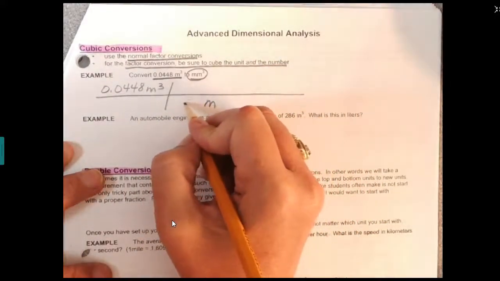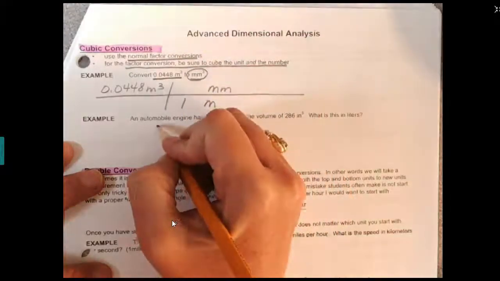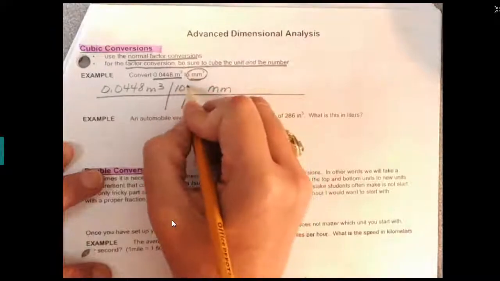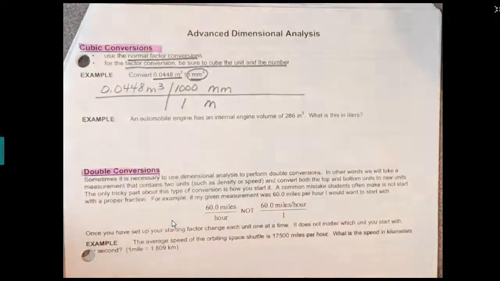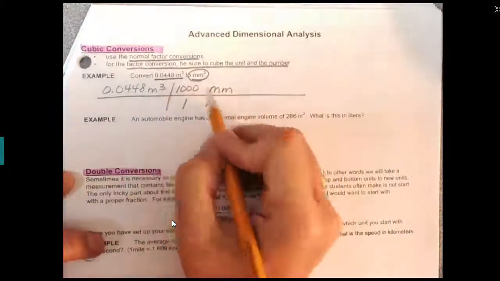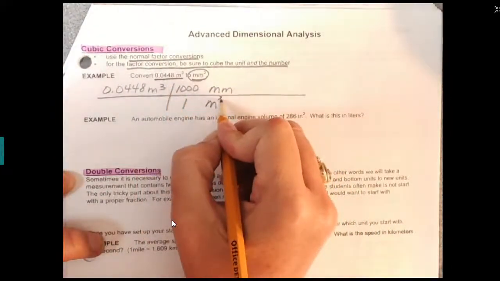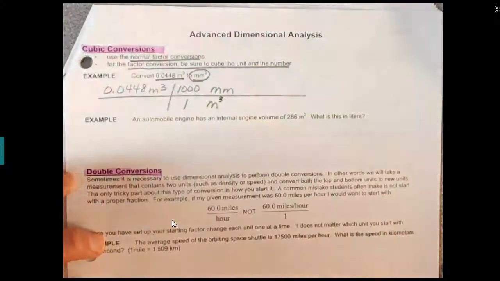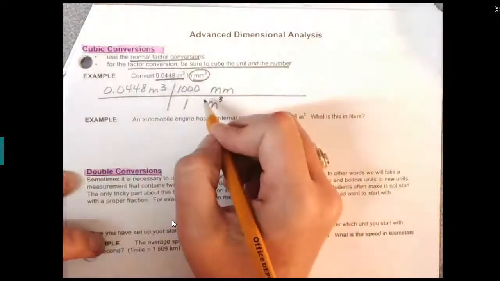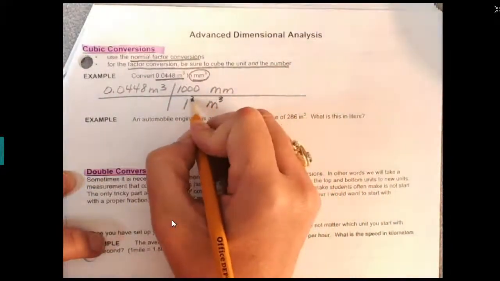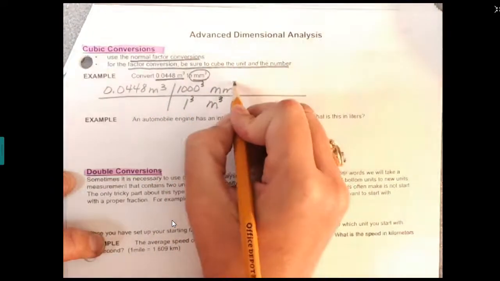I know that for every 1 meter, there's how many millimeters? 1,000. Right? Everybody with me on this one? Okay, but I don't want just a meter. I need a cubed meter. Yes? What I do to one thing, I have to do to the other. I have to put a cube here, and a cube here.